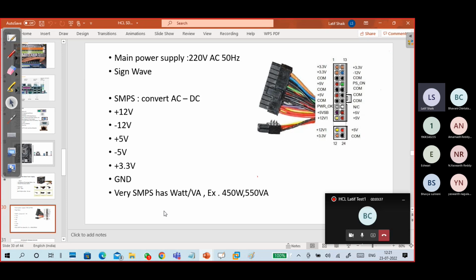And SMPS has different wattages, 500 watt, 300 watt, 400 watt, shown as W or VA. VA means volts into amperes. What is volts? What is amperes? What is watt?